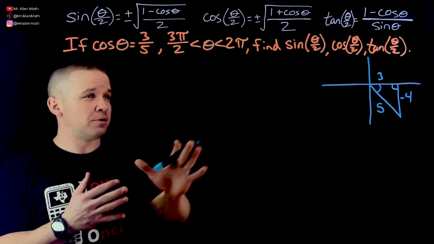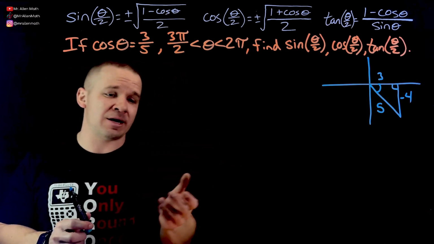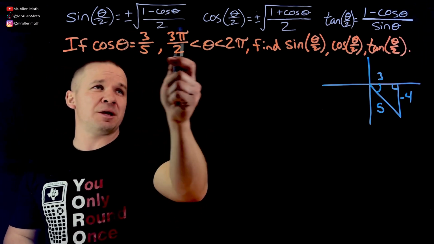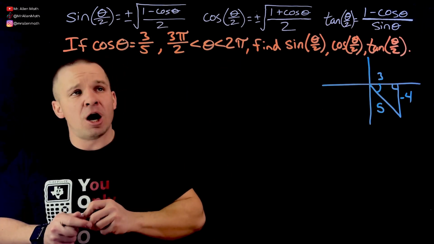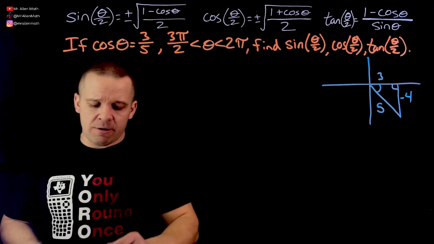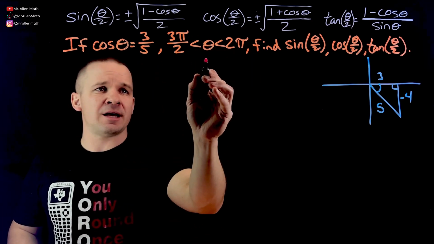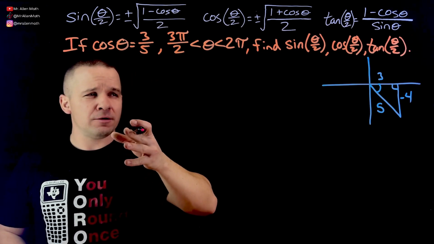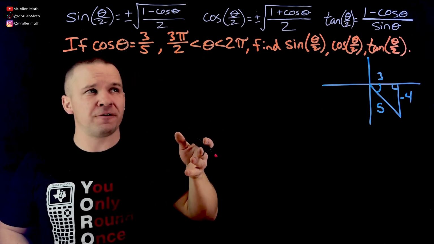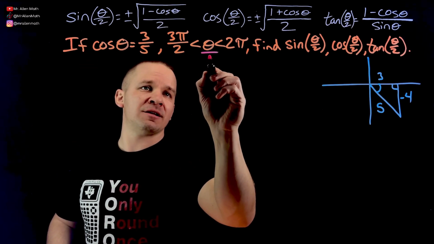I can get my sine and my cosine from that triangle. But there's one more piece to the puzzle that I like to figure out right now before I forget, and it deals with the plus or minus in front of the sine and cosine half angle formulas. If I take this domain restriction for theta, but I want the restriction for theta over 2, I'd have to divide this by 2.